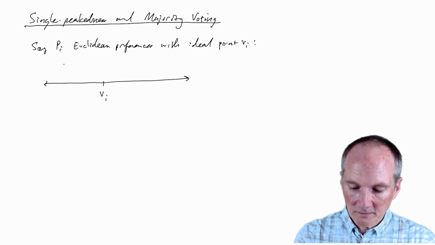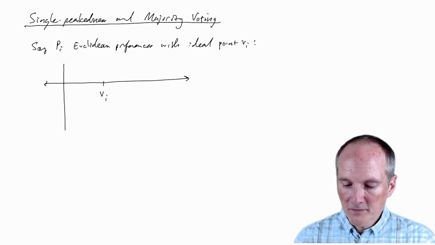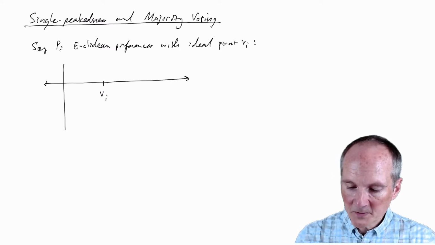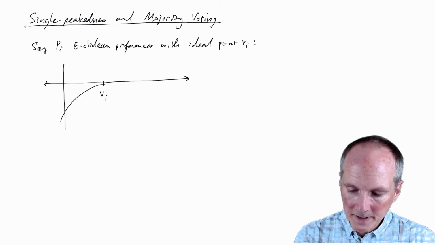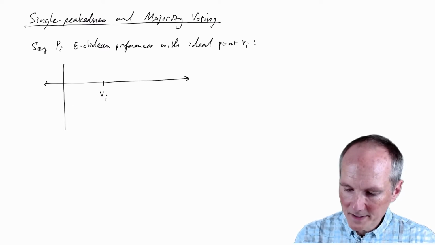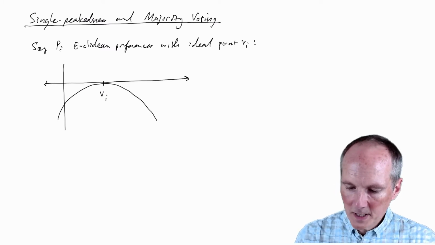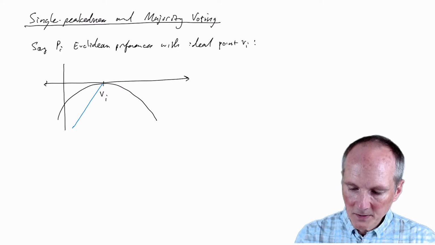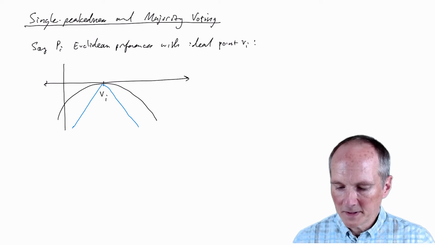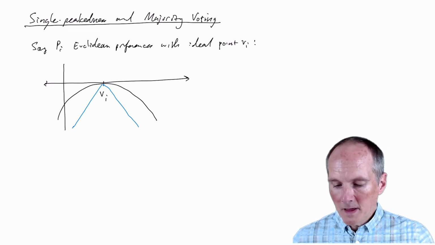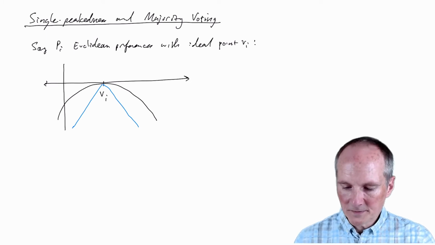And if I were to graph a utility representation of that preference relation, I could use quadratic utility, and I would get something like this. Or I could use Euclidean utility, which gives me a kind of tent-shaped graph of the utility function. Either of those are valid representations, and that's fine.